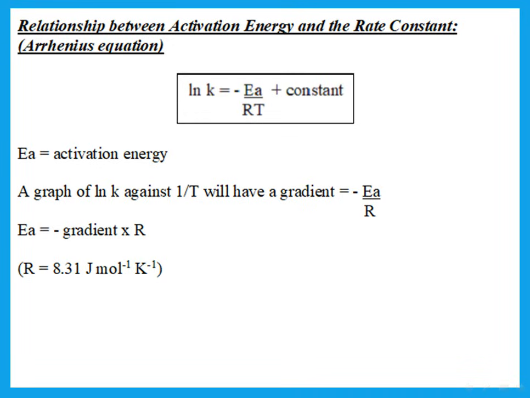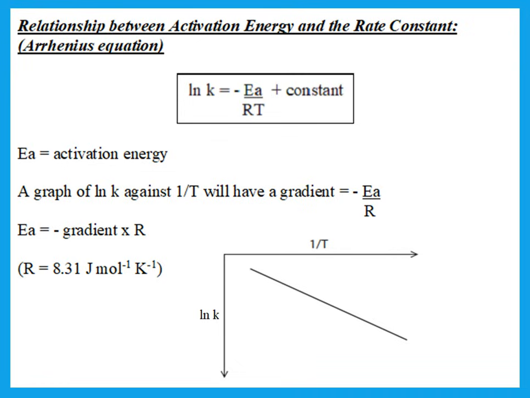Then we have something called the Arrhenius equation. You're not required to memorize this equation. He will usually give it to you. The equation says ln of K, which is the rate constant, is equal to minus energy of activation over RT plus a certain constant. And that means if I draw a graph of ln K versus 1 over T, always ln K is usually a negative value.